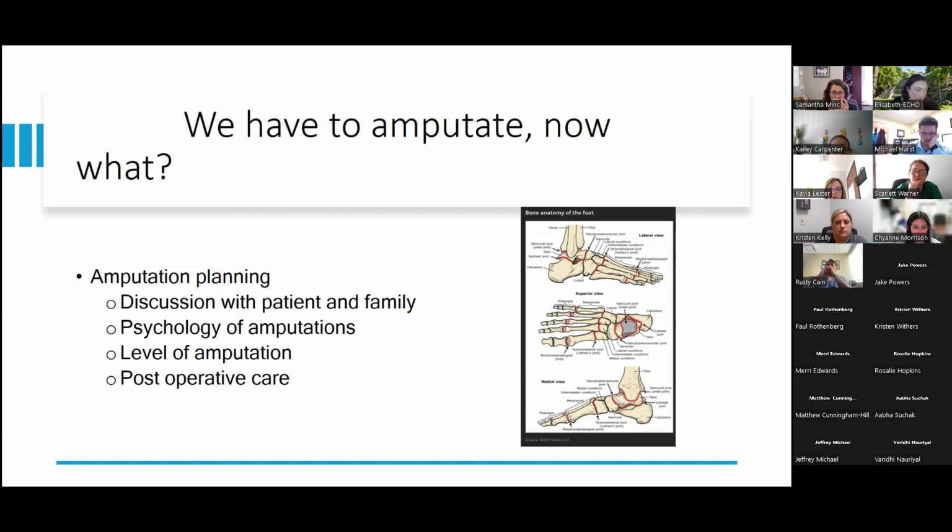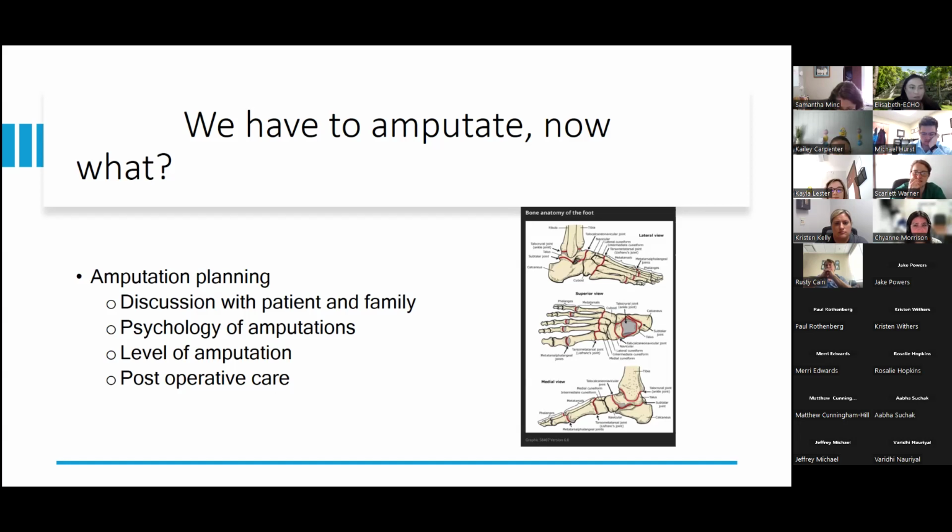There's a lot of things that need to occur depending on whether that is some form of acute infection that is going to be an immediate amputation, or something that can be planned and/or staged if we need it to be.